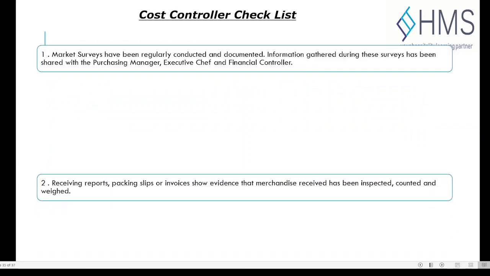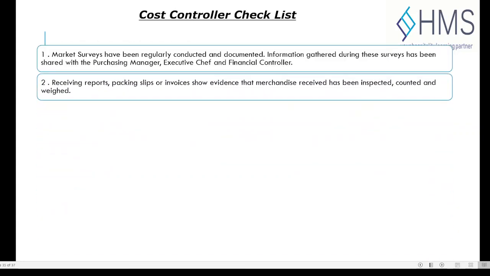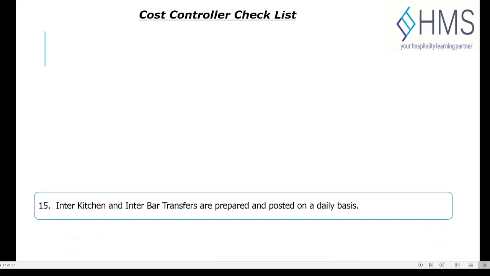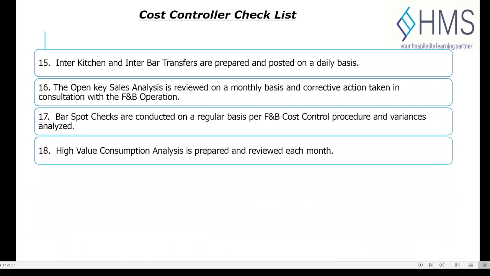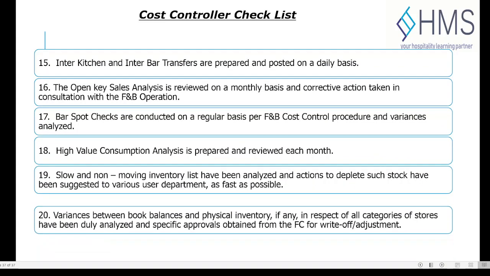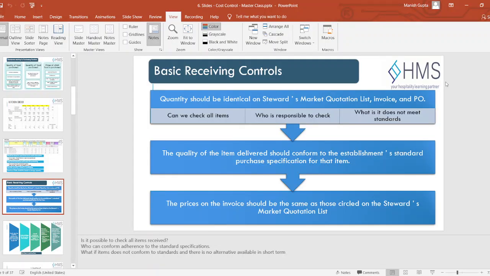Lastly is the cost controller checklist, which you can access. I will share the PDF of the slides, so that you can take a note of these things and the cost controller checklist. So that's the cost control really.